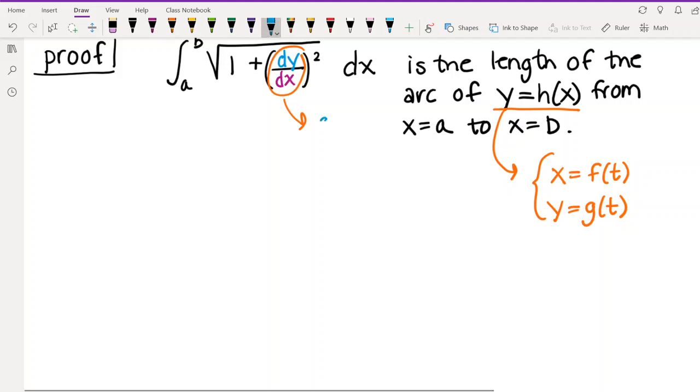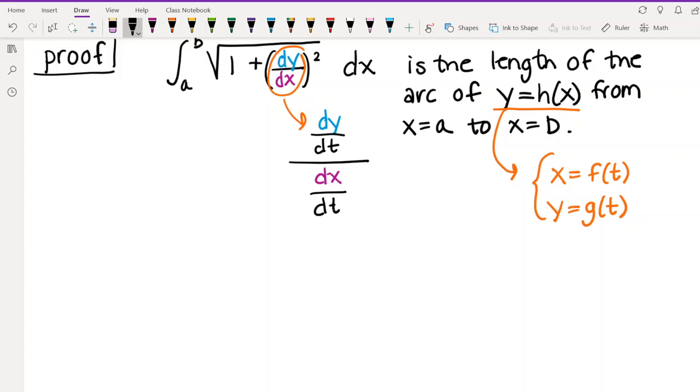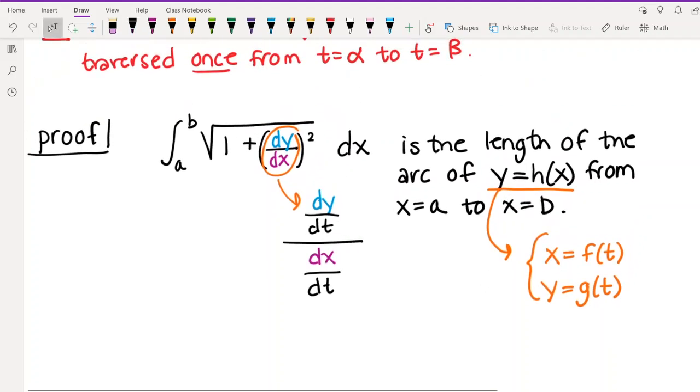also be written as dy/dt over dx/dt. So let's just go ahead and replace dy/dx with dy/dt over dx/dt, and then let's also replace the bounds with alpha and beta, because we're basically going to convert this into parametric form.